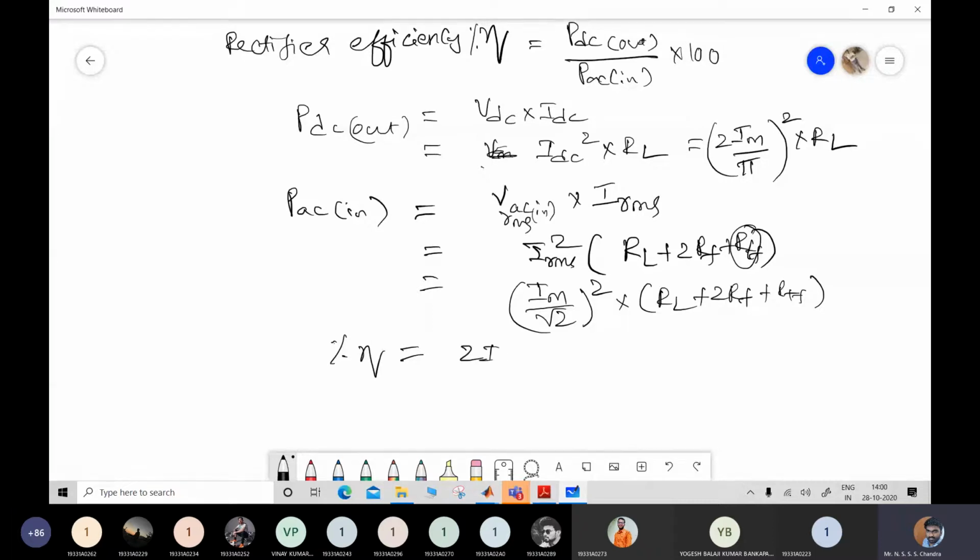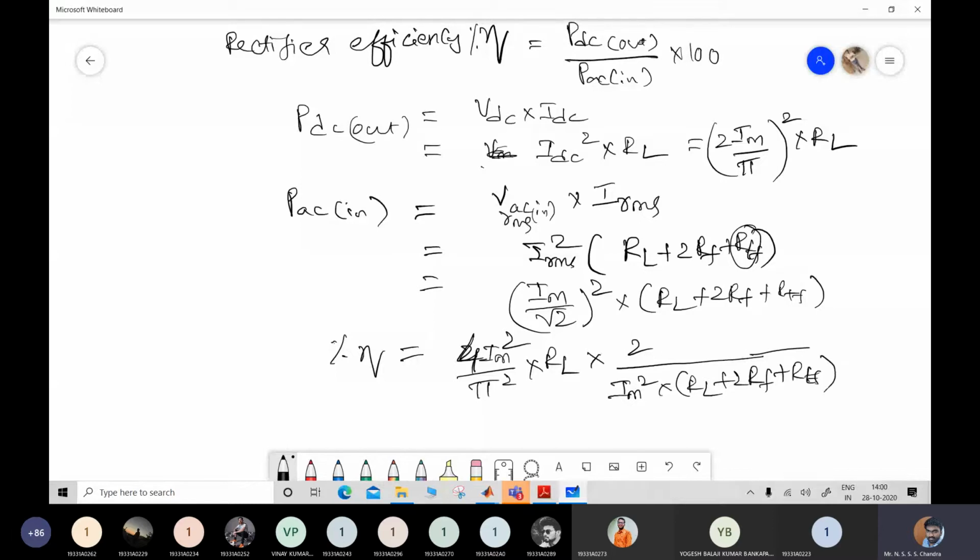So it is 2Im. So 2 square is 4. 4Im square by pi square into RL. And then because we are dividing by the AC power, PAC is in the denominator, so I'm just interchanging the numerator and denominator over here. Under root square is 2. 2 divided by Im square into (RL plus 2RF plus RTF).